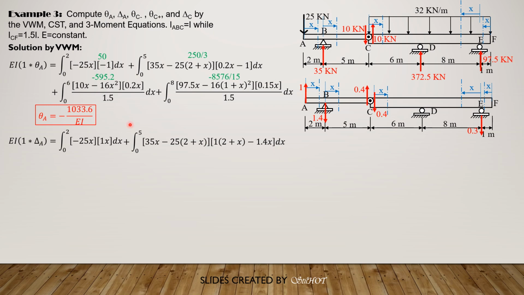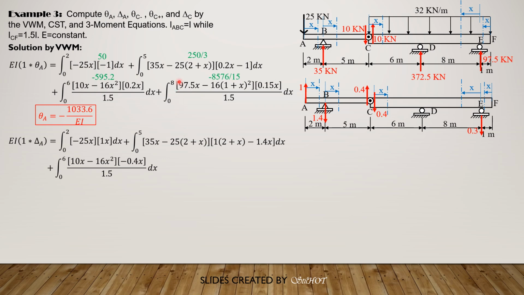For the next section, it is integral 0 to 6 of (10x minus 16x squared). Then the moment at this section is negative 0.4x. So this is just changed to negative 0.4x, then divided by 1.5. So copy, then negative 0.4x divided by 1.5 dx.